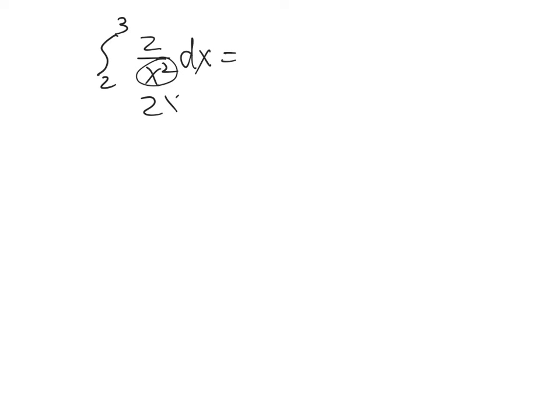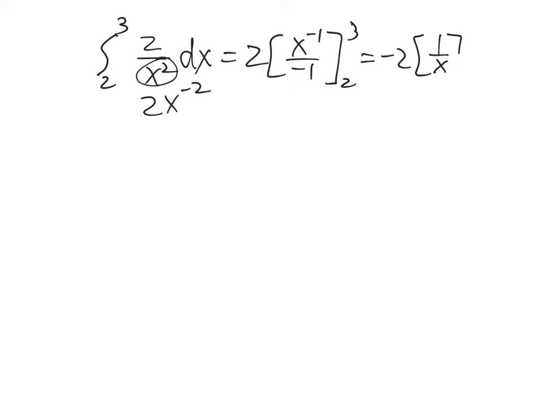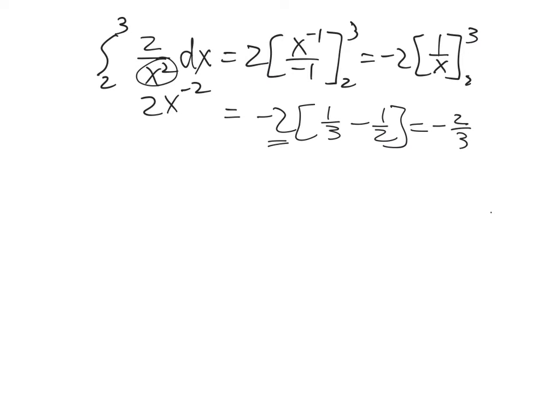Well, what do we need to do first? You can rewrite it. Recognize that's x to the -2, and so as we do our integration from 2 to 3, so let's see, we'd have -2 times 1 over x from 2 to 3. 1/3 minus 1/2, or since we have the 2 out here, we could say -2/3.